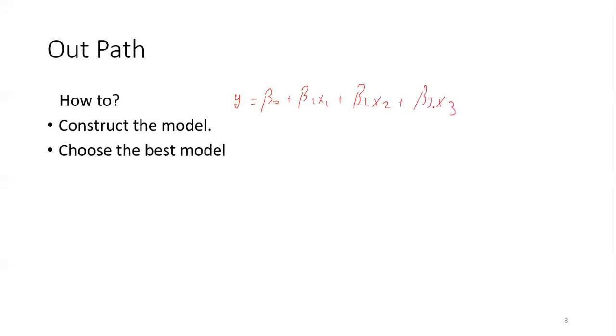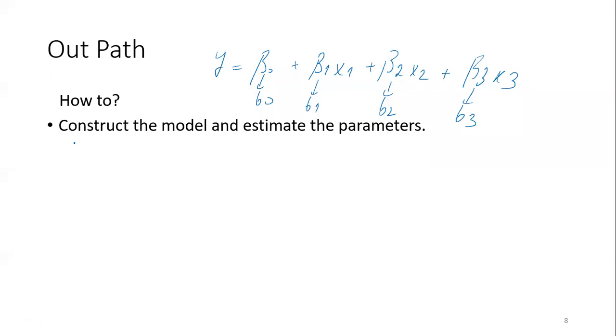What we will do is first construct the model. We'll say y is equal to something like beta 1 x1, beta 2 x2, and beta 3 x3. So the first step is to construct the model and estimate the parameters. We find the independent variables that are related with y, write the model like this and assume that this is your model.